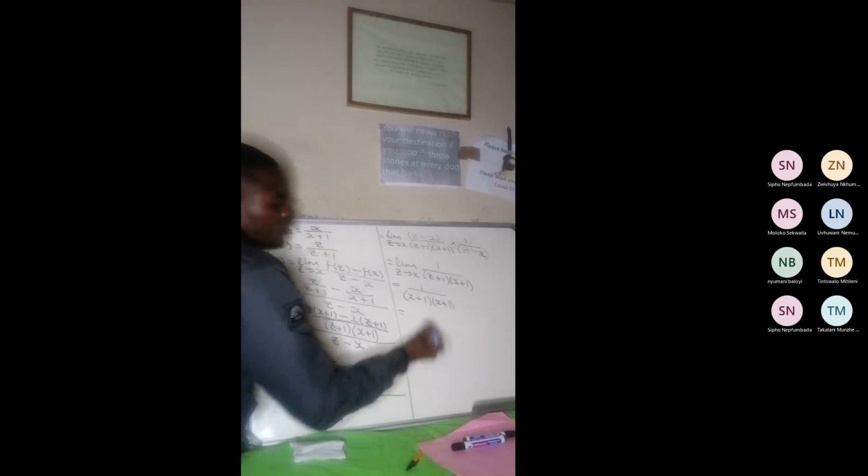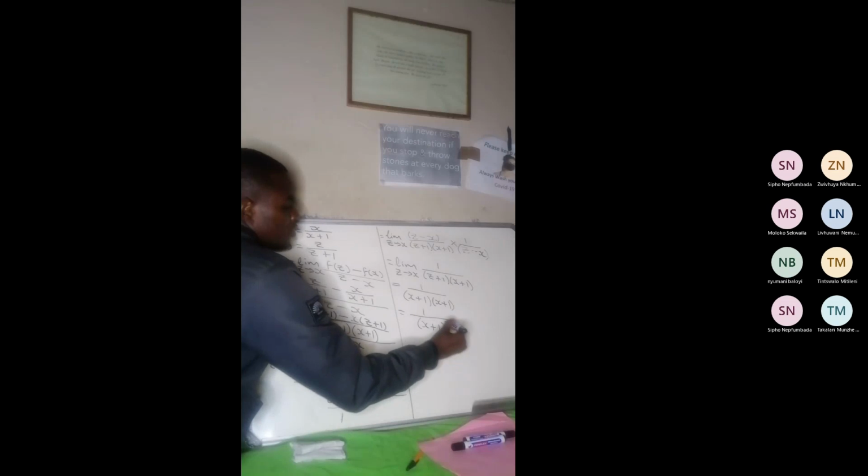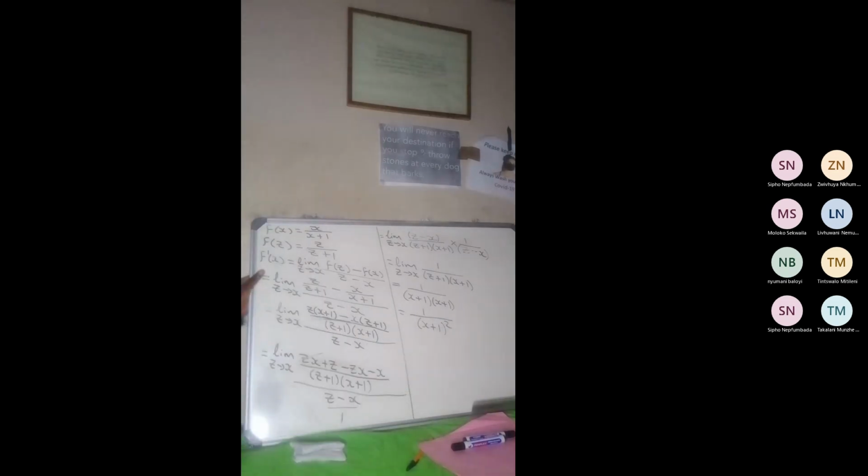You can continue if you love mathematics. This is x plus 1 to the power 2. Even there you can continue and end it on 1 over x squared plus 2x plus 1. It's up to you.